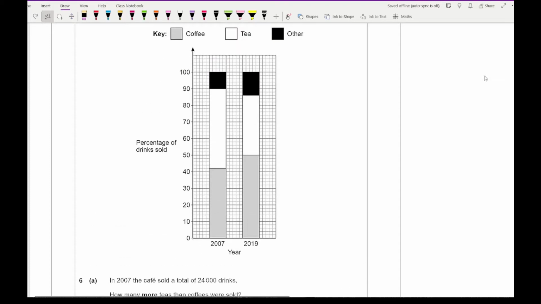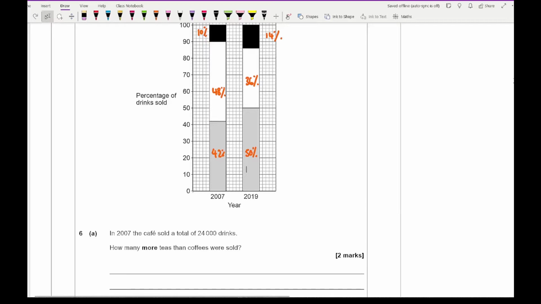For this, what you want to do is first of all note what each of the percentages are. So that's 42%, this bar is 48%, and this top bar is 10%. Then for 2019, that black bar is 14%, the white section is 36%, and the grey section is 50%.